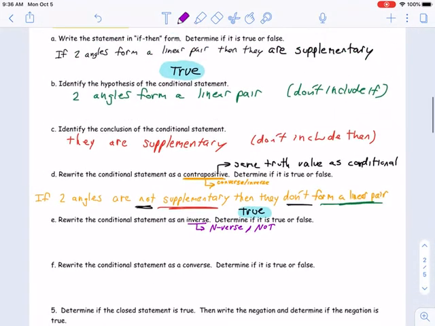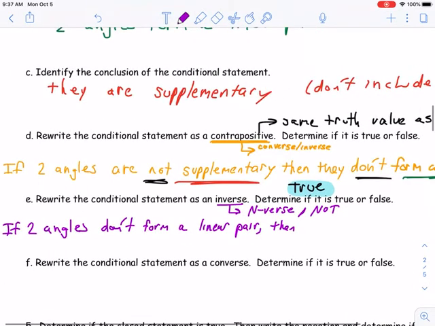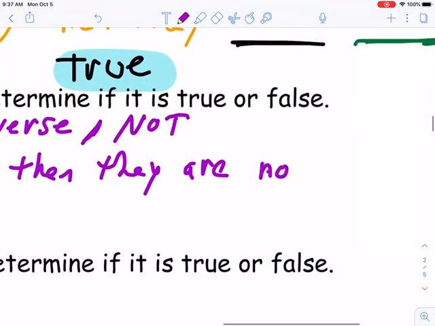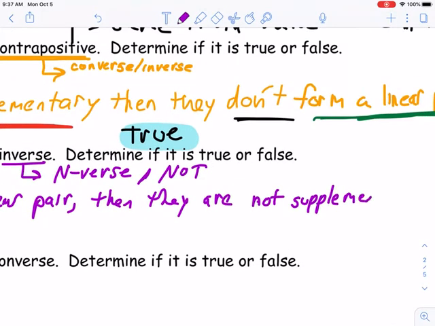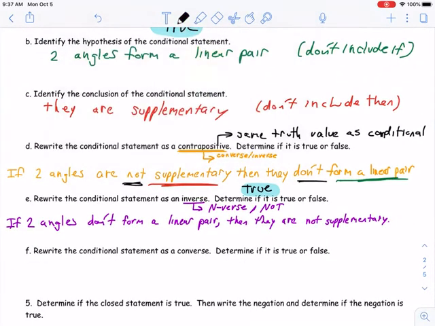As my conditional statement, so I'm going to say if two angles don't form a linear pair, then they are not supplementary. So remember, inverse not, I just negated both hypothesis and conclusion.